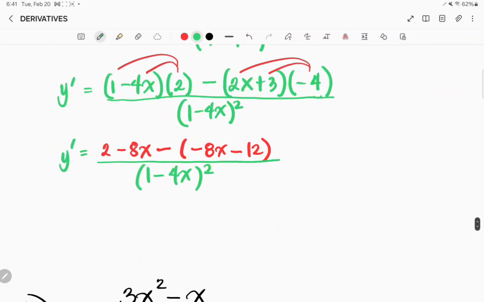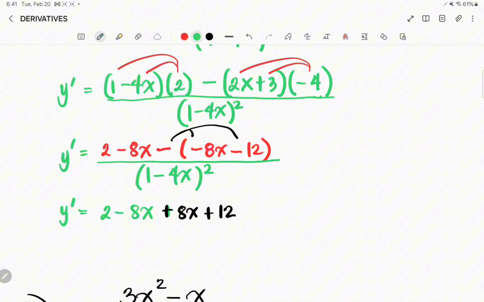So as we continue, we have to distribute now our negative sign inside the quantity. So it will become y prime equal to 2 minus 8x plus 8x plus 12 over the denominator 1 minus 4x square.